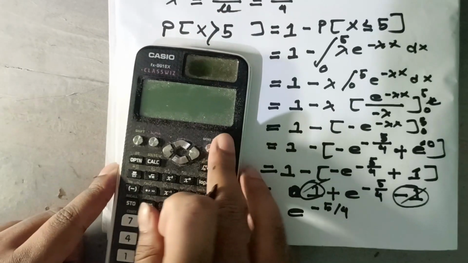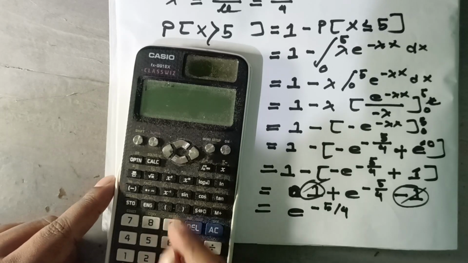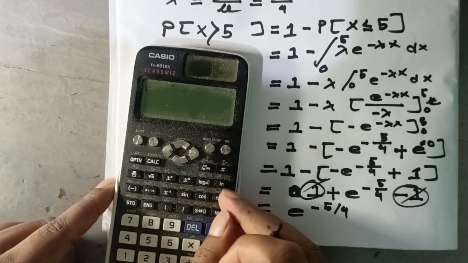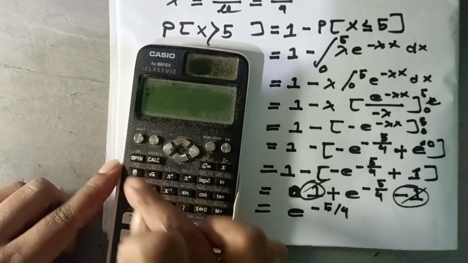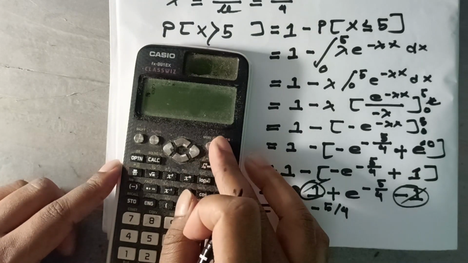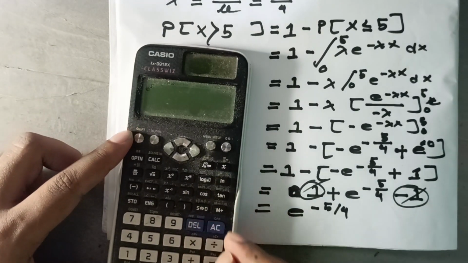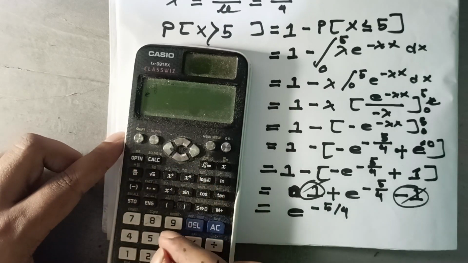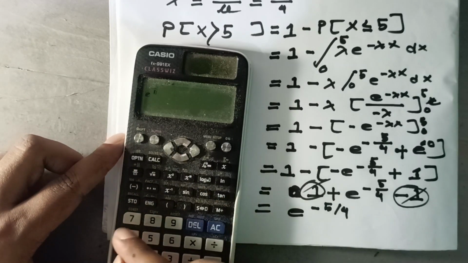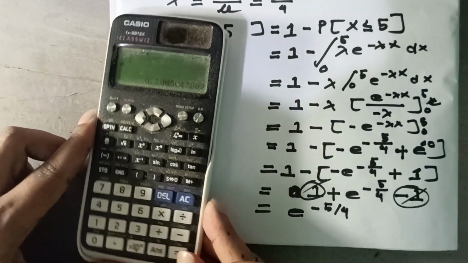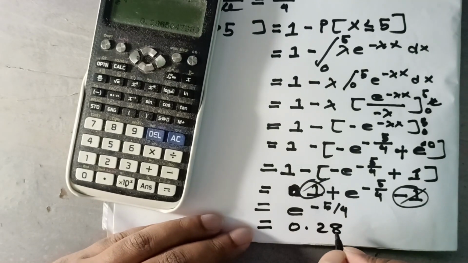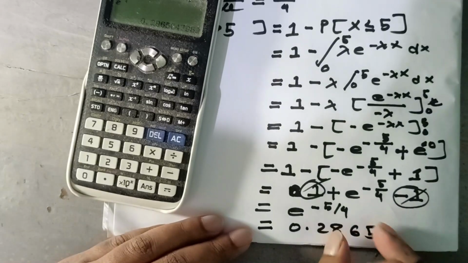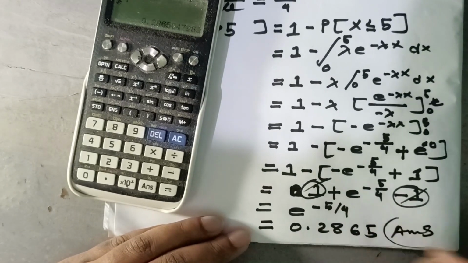Now, using a calculator, I can find this value: e to the power minus 5 divided by 4 is 0.2865. So this is our answer for the problem.